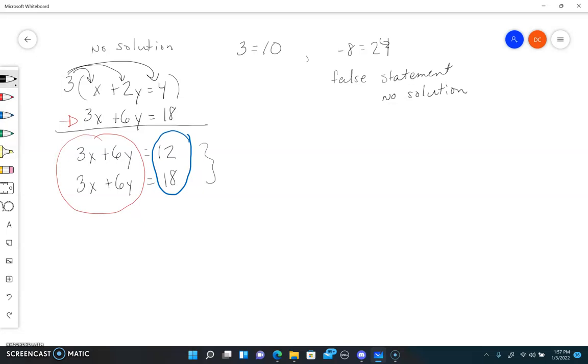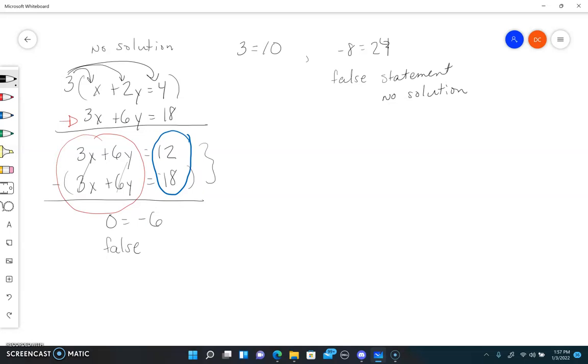And so if we were to continue by doing this elimination method, I would subtract: 3x minus 3x is 0, 6y minus 6y is 0, and then I would get 12 minus 18, so I would have 0 equals negative 6. Again, this is just a false statement. So that means nothing's going to work here, okay?